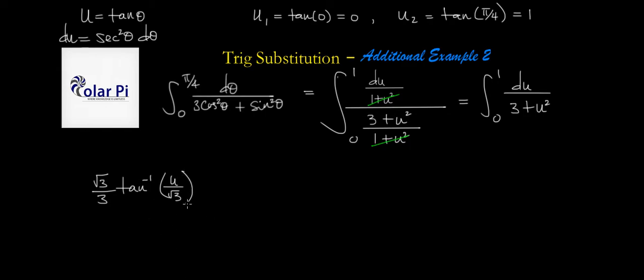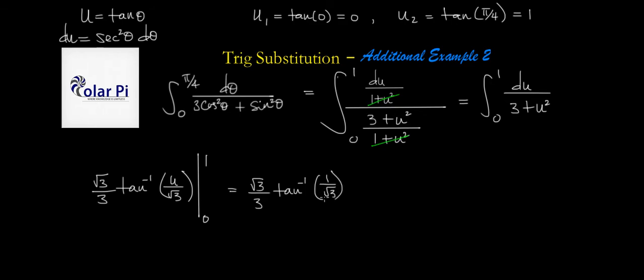And of course, this is evaluated from 0 to 1. So that's all we have left to do. First, we'll have root 3 divided by 3, and then tan inverse of 1 over root 3.